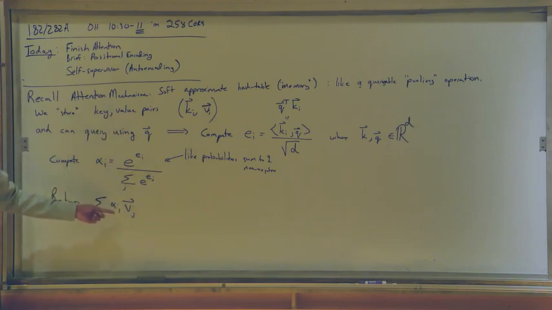It's like somewhere between a max pool and an average pool, right? Where it's based on alignment to the query.